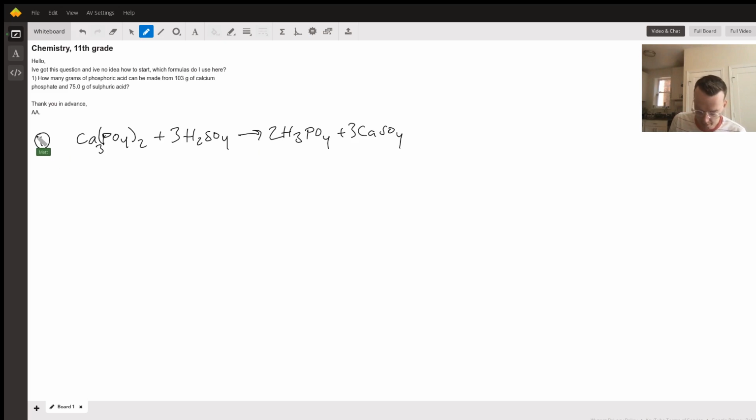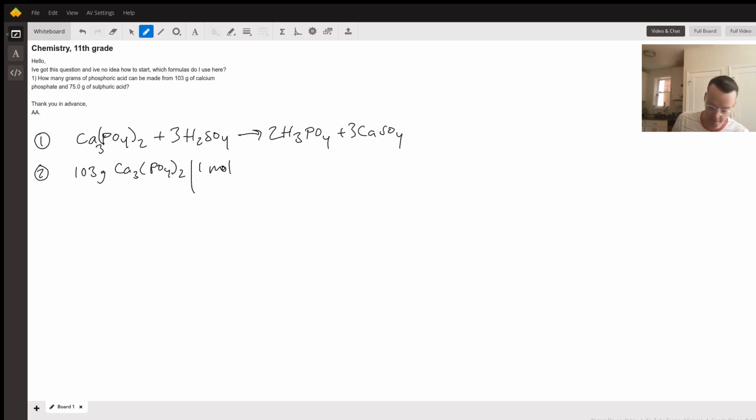Step number 2 is going to be converting all these grams into moles. So we'll start with calcium phosphate. So 103 grams of calcium phosphate. I do this with crossbars, but you could obviously do this with a cross multiplication.